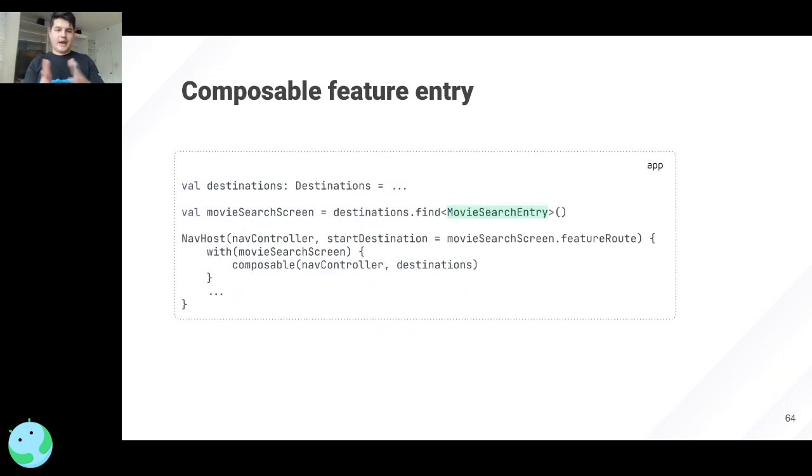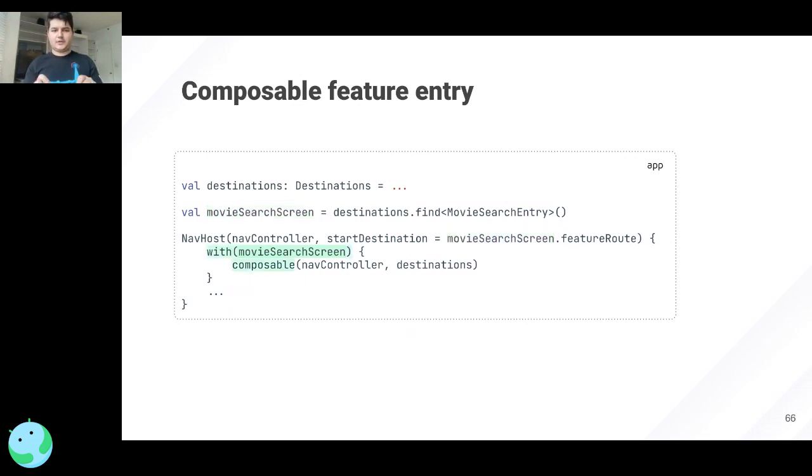Now that we've done all the setup for the feature, let's set up the overall navigation graph for the entire application. This is part of the app Gradle module, the root module, which, if you remember, we call the injector in this case, right? Again, we are retrieving the movie search entry from the destinations, and we just set up a dependency navigation graph here, using almost the default API from the navigation library, but instead of specifying values manually, we get everything from the movie search screen.